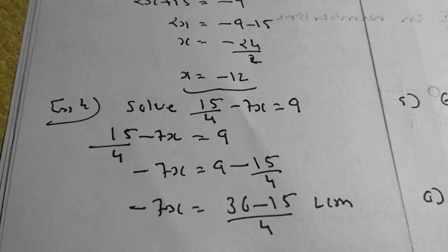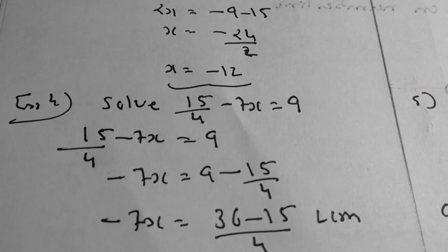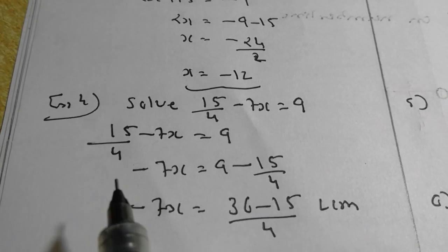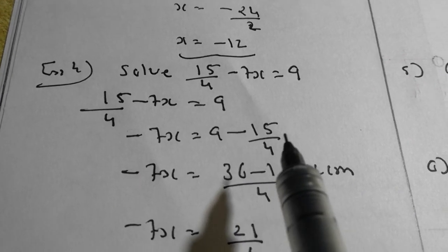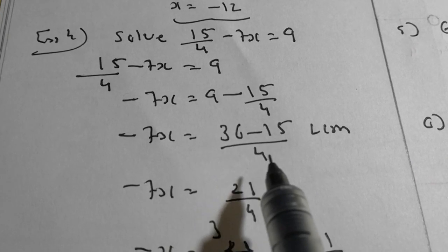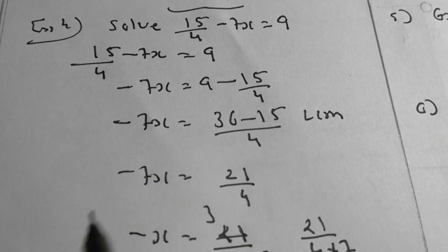Solve. 15 upon 4 minus 7x is equal to 9. So I have kept minus 7x as it is. 15 upon 4 shifted on the right hand side becomes minus 15 upon 4. So by taking LCM as 4, I get 36 minus 15 upon 4.